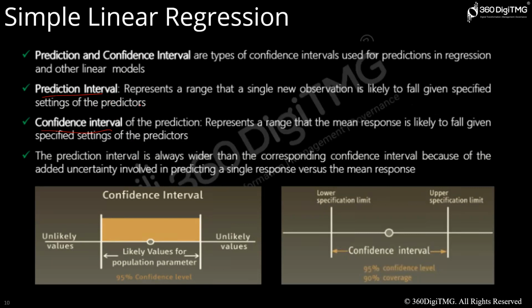Prediction interval represents a range that a single new observation is likely to fall in, given specified settings of the predictors. The confidence interval of the prediction represents a range that the mean response is likely to fall in, given specified settings of the predictors.